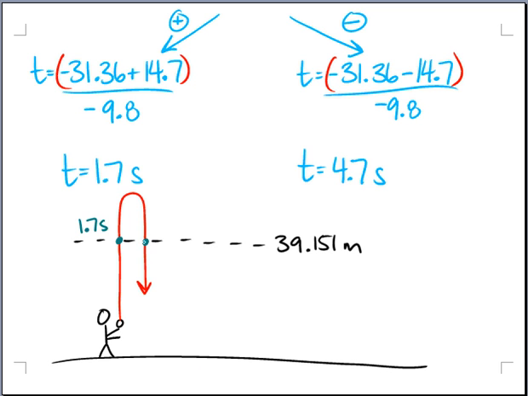Now it starts falling back down, and it's going to cross that magic line one more time at 4.7 seconds. So the answer is, which of those is correct? Yeah, they're actually both the right answer. So that's pretty cool that you can actually have two answers to one question.